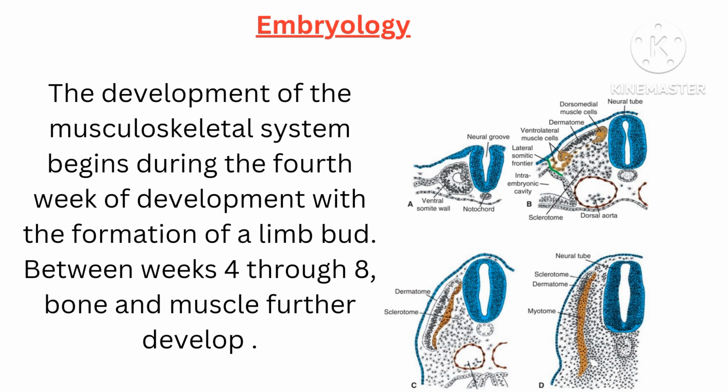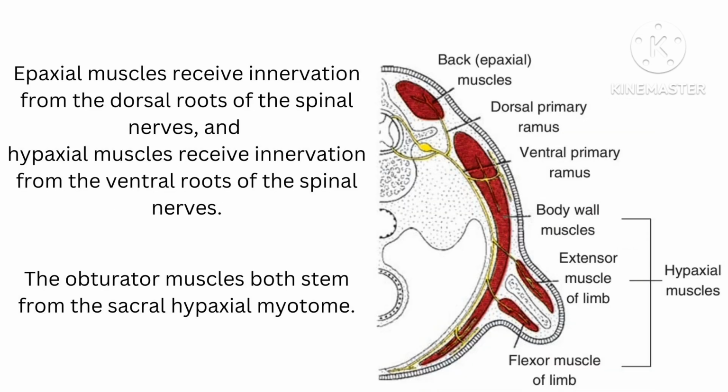Each somite contains a myotome from which the muscles derive. Myotomes can be further divided into epaxial or hypaxial portions. Innervation is used to classify a muscle as either epaxial or hypaxial.